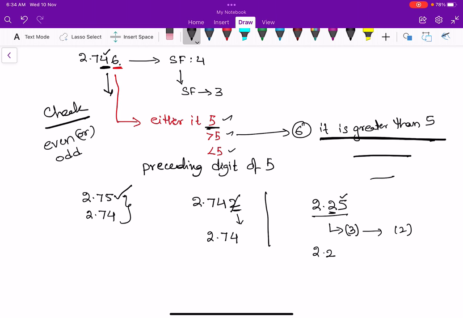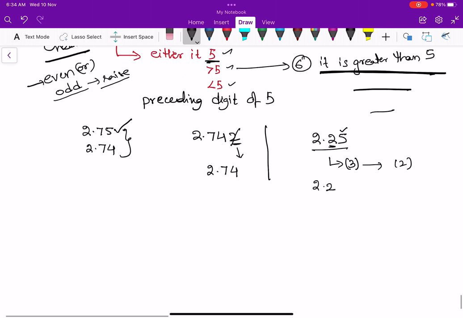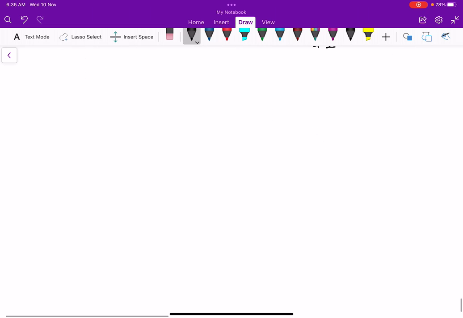If it is even, just leave it. If it is odd, raise one to the preceding digit.